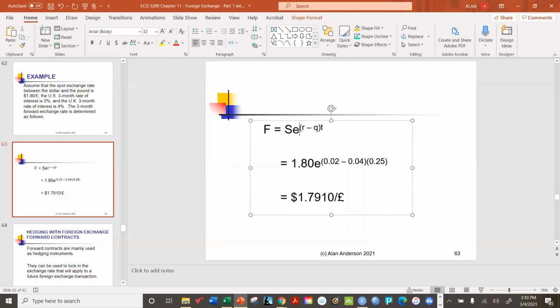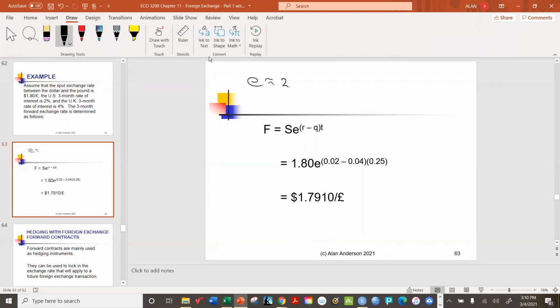By the way, this e is something you may have run into if you've ever had any exposure to calculus. e is approximately equal to 2.71828. So you're raising, in this example, all of this reduces to 0.02 minus 0.04 times 0.25, that's negative 0.005.